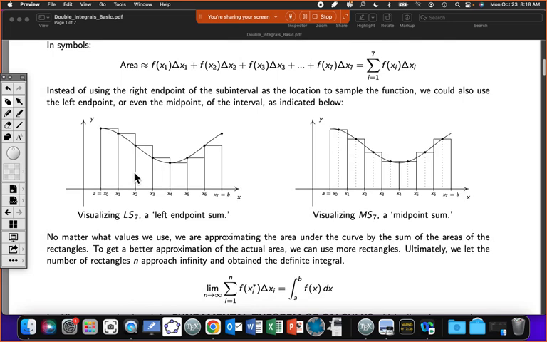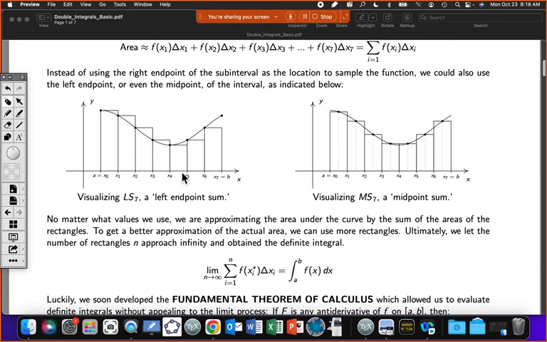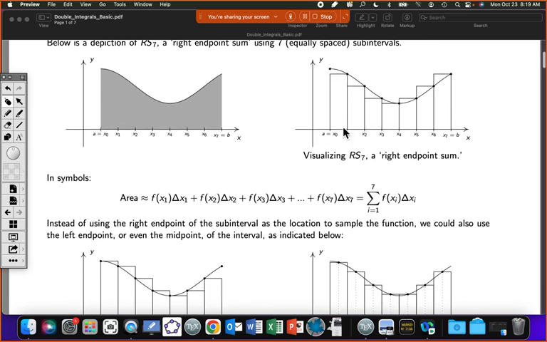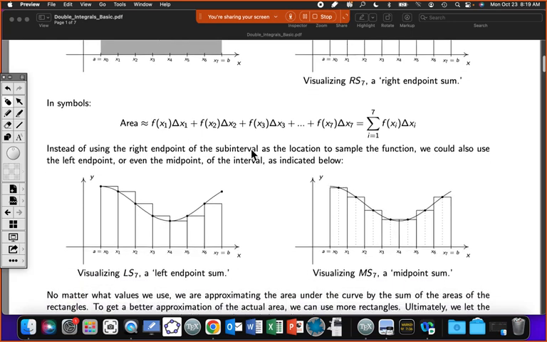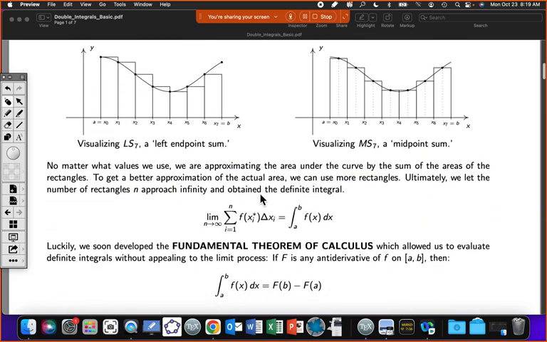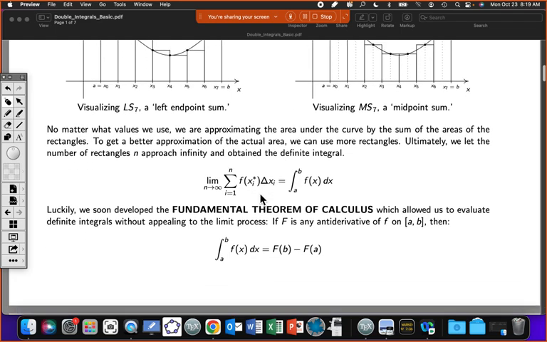And you could pick any point you wanted to, as long as your function was continuous and you took a limit that made sure the rectangles got skinnier and skinnier. Then no matter how you decided to pick these points in the subintervals, you would get the same limit at the end, as long as your function was continuous.